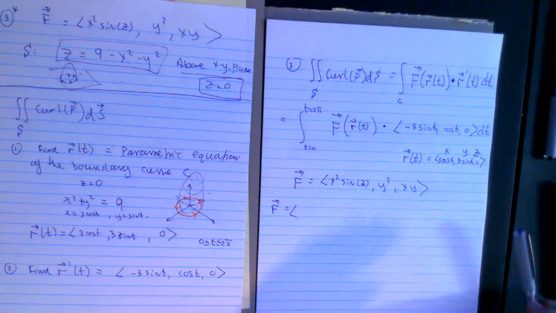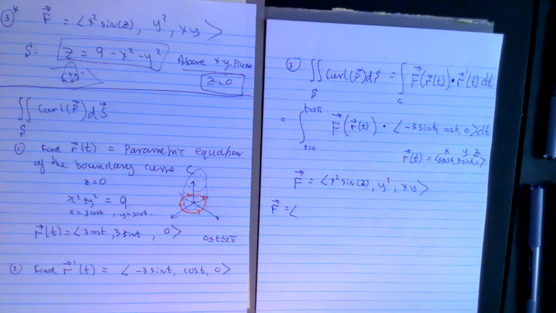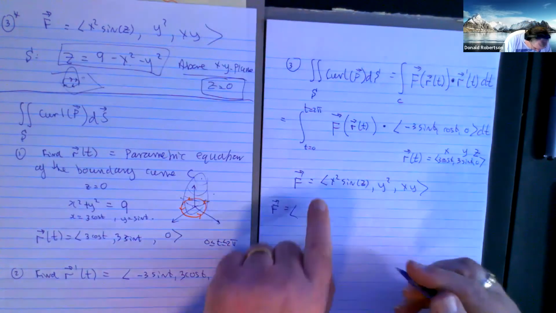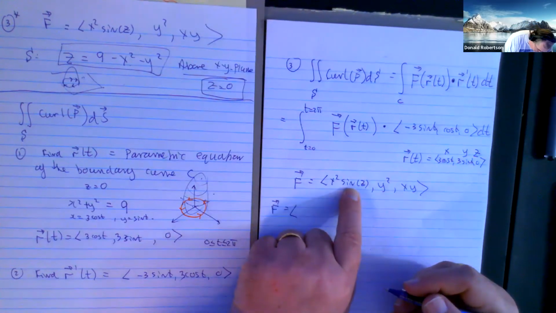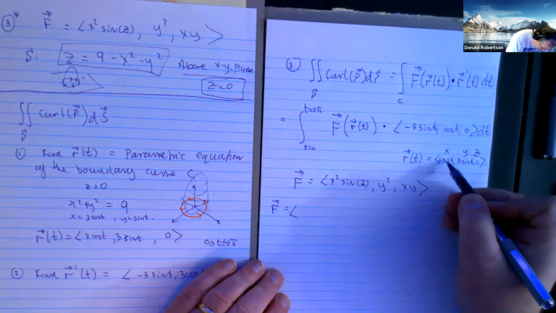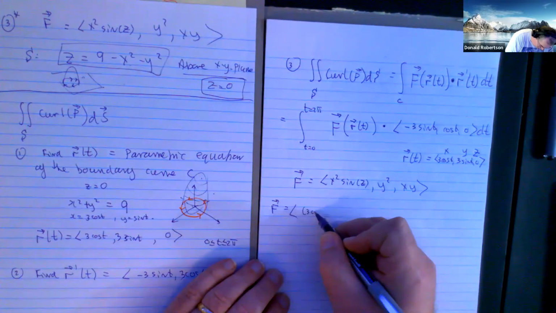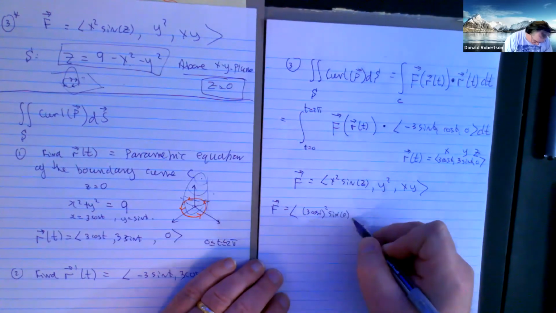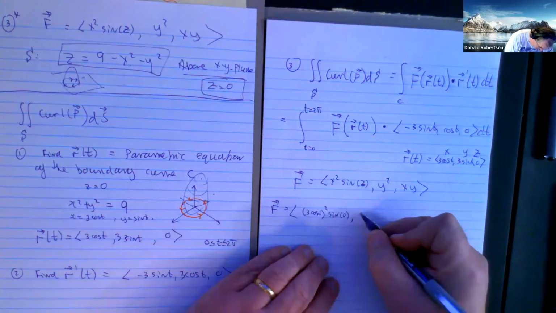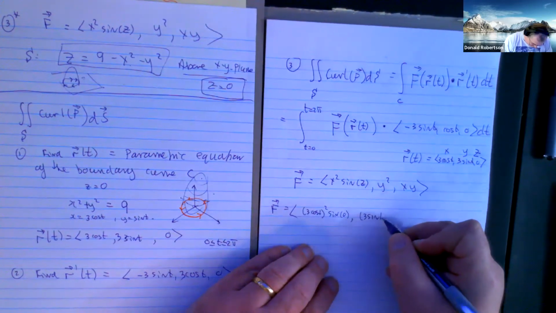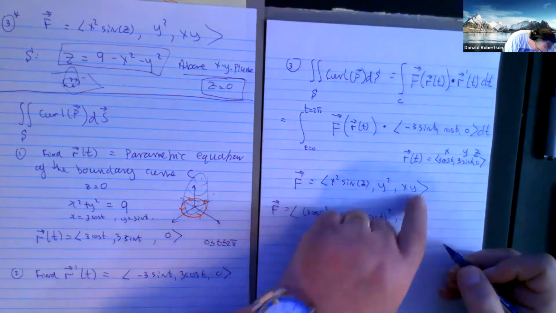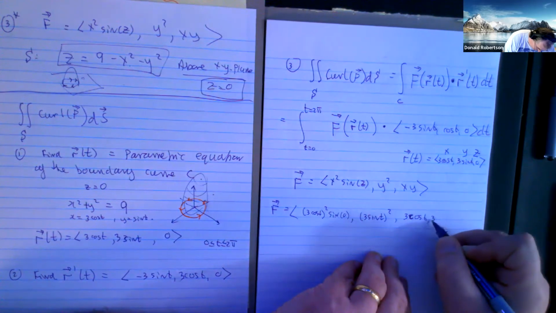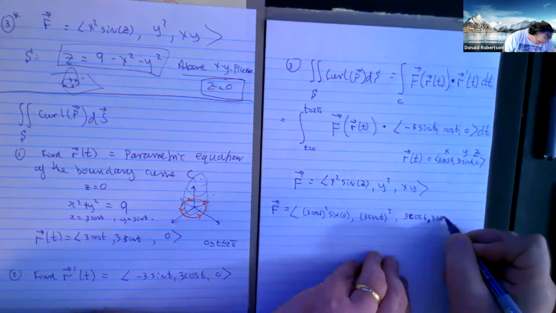On r prime of t, why is it not 3 cosine t? It is. I just missed it. Right. So this guy is x squared sine z. So this guy squared, the sine of z, which is 0, comma, y squared, which is just 3 sine t squared, and xy is going to be 3 cosine t times 3 sine t.